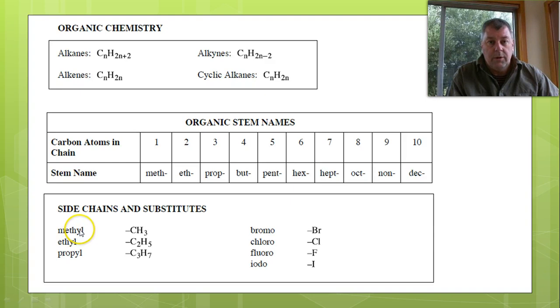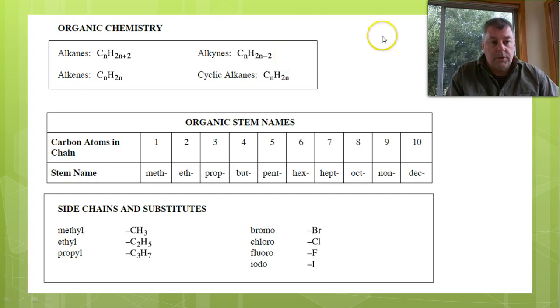So we can have side chains of methyl, ethyl and propyl, and these are the condensed semi-structural formulas for them, and these are the names for if we have any of the group 7 elements, the bromine, chlorine, fluorine and iodine, but their names are given like that in organic chemistry names.